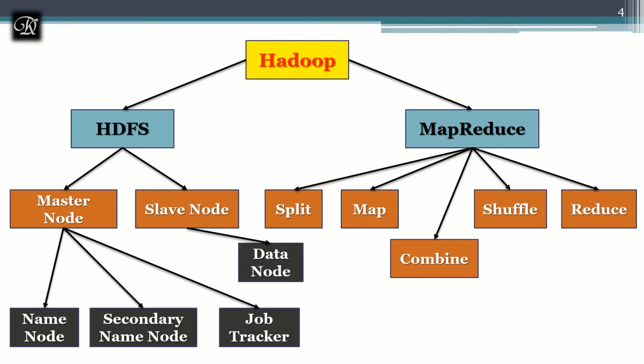We are not authorized to modify the existing data. The existing data should remain as it is, because it's the original data. If you want to do anything on that data, like transformation, you have to do it on a separate copy. You make a replica of it and work on it. That is why it goes with the concept of write once and read multiple times.